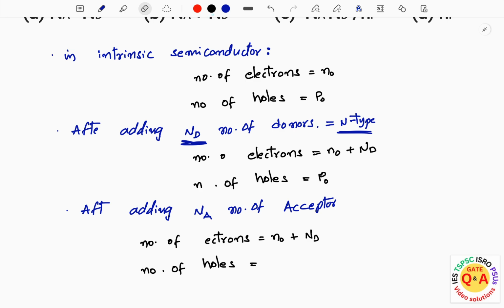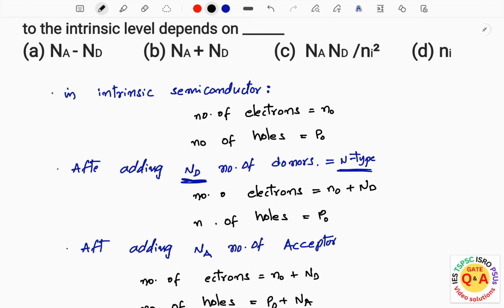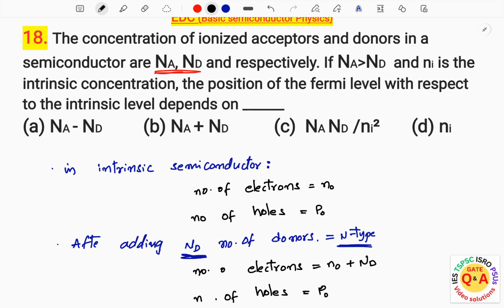The number of holes will change from P0 to P0 plus Na. In our question, we added both Na and Nd. So what is the ratio he added?